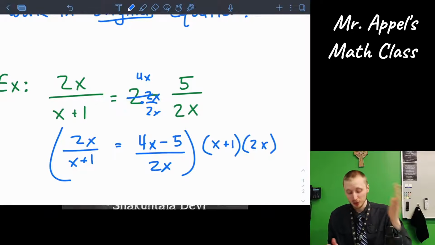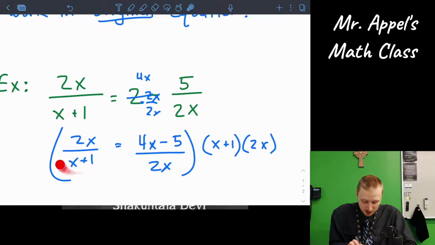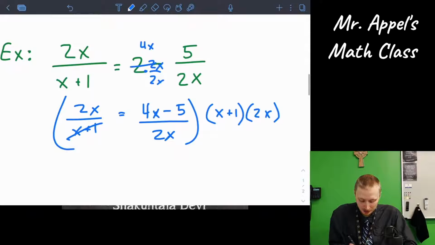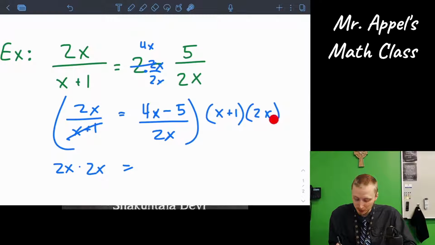So on this side, when we multiply by x plus 1, that cancels out with that guy, and we don't have to deal with that. Instead, we just have 2x times the 2x over here. And on this side, when we multiply by the 2x, that cancels out with this part of the denominator, and we only have to deal with the (x plus 1) times this.